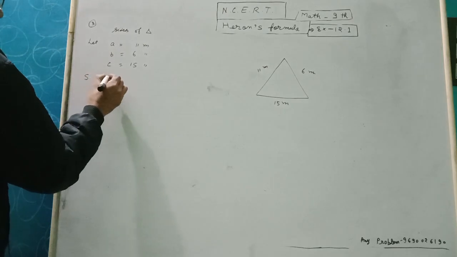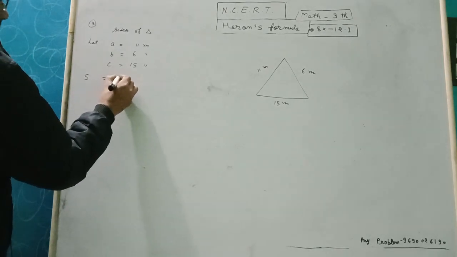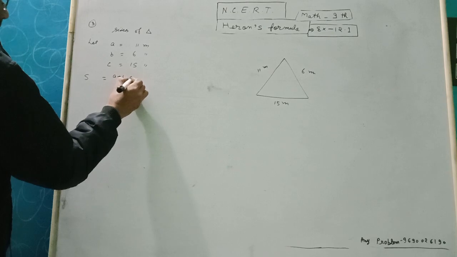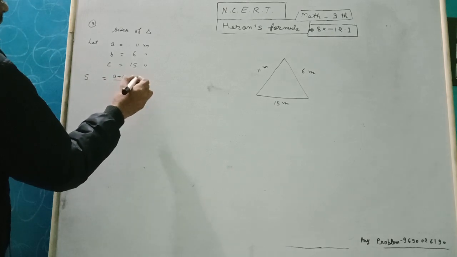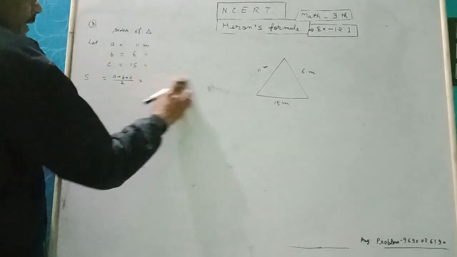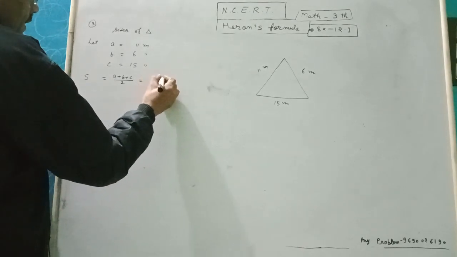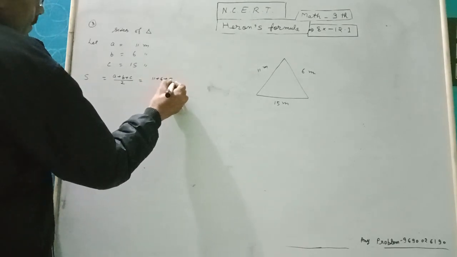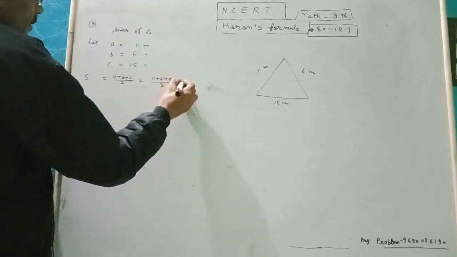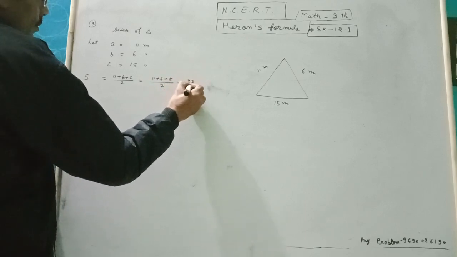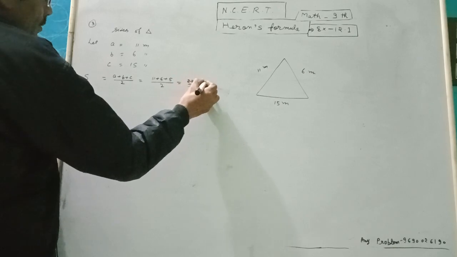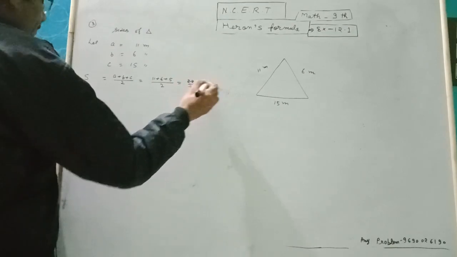At first find the S. S is A plus B plus C upon 2 is the formula. Putting the values, 11 plus 6 plus 15 upon 2 is equal to 32 upon 2, divided by 2 is 16 meter.